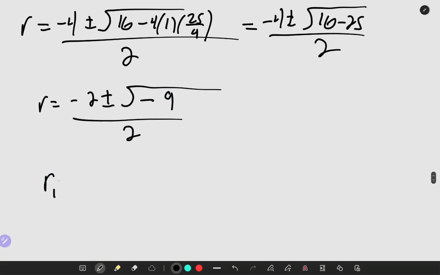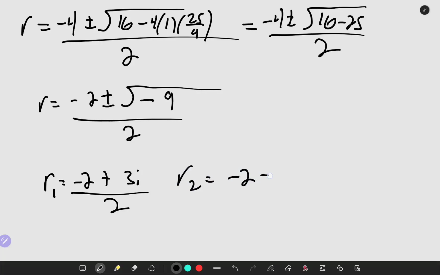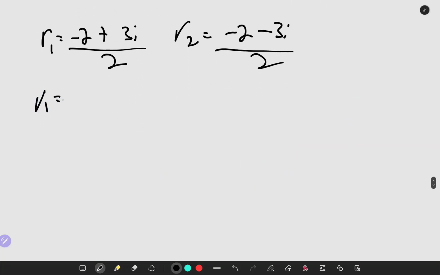So then that tells us that r1 would be negative 2 plus 3i over 2. I'll simplify that in a second. Right? r1 would be negative 1 plus 3 over 2 i. r2 is equal to negative 1 minus 3 over 2 i.